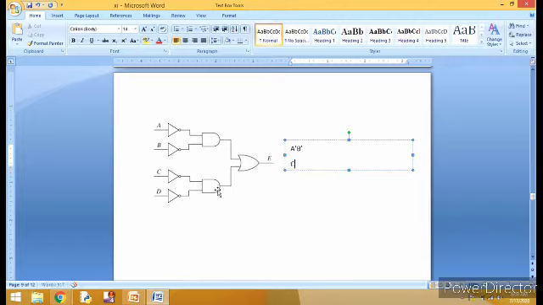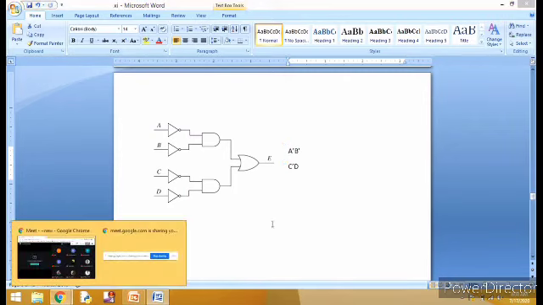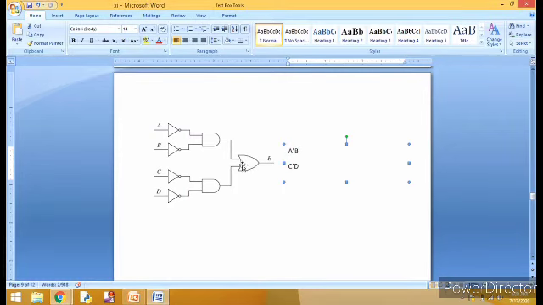C dash D dash. Very good. Now the outputs which have come from these two AND gates are giving the signal to this OR operator.